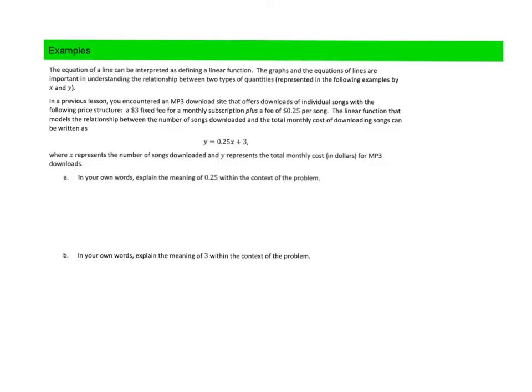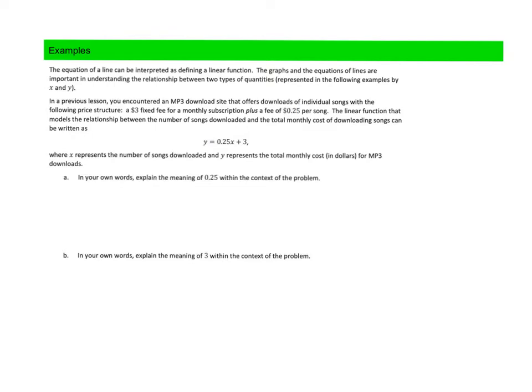All right, beginning with this first example, it says, the equation of a line can be interpreted as defining a linear function. The graphs and the equations of lines are important in understanding the relationship between two types of quantities, which will be your x and your y. In a previous lesson, you encountered an MP3 download site that offers downloads of individual songs with the following price structure: a $3 fixed fee for monthly subscription plus 25 cents per song.